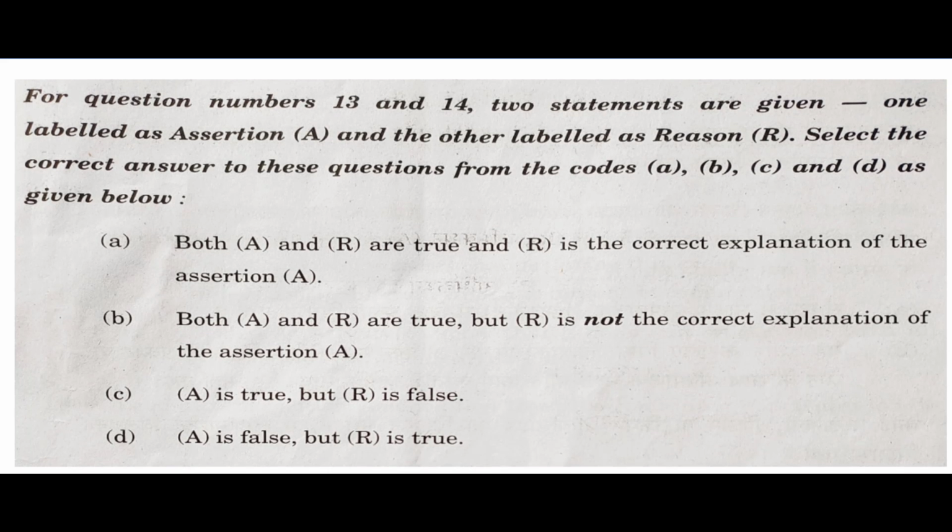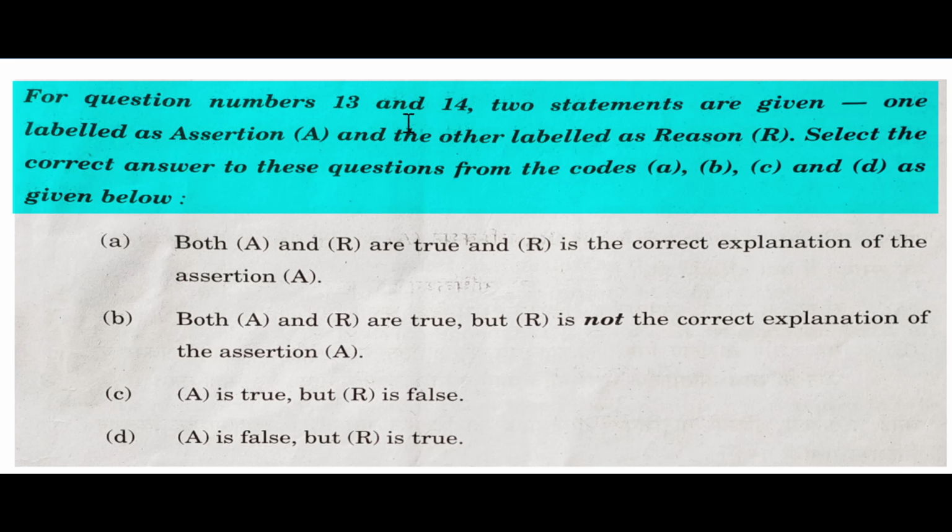Now for questions 13 and 14, there is an instruction. For questions 13 and 14, two statements are given, one labeled as assertion and the other labeled as reason. Select the correct answer to these questions from codes A, B, C and D as given below.